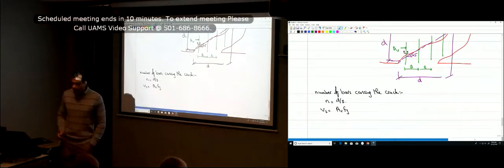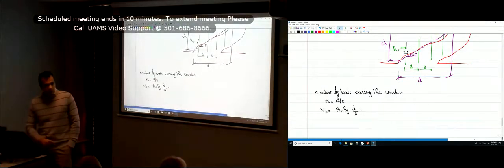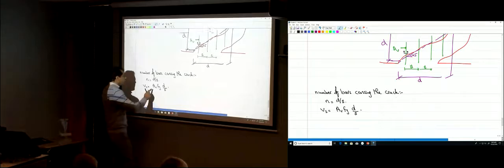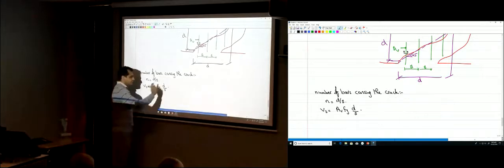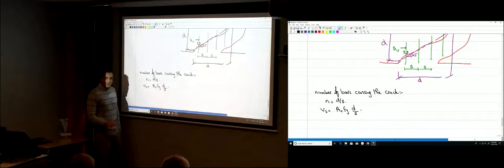But I don't only have one bar, I have N bars, which is d over S. So the stirrups will provide this amount of resistance, Av fy d over S. d is the depth of the section, fy is the yield stress of the steel that you're using, and that's limited to 60 ksi. It cannot be larger than 60 ksi. Even if you use grade 75, the ACI limits this to 60 ksi, okay?